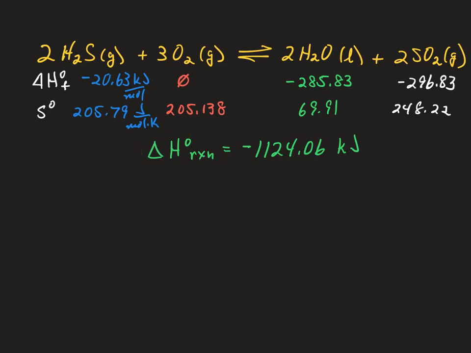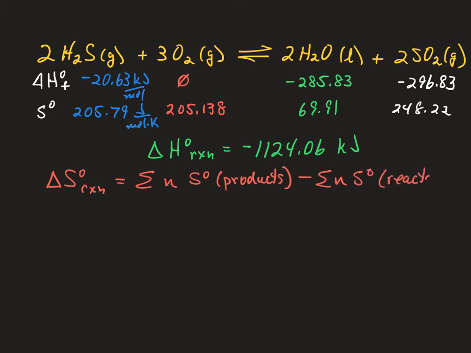So we can find our delta S0 for our reaction in that same way, which is going to equal the sum of n times the S0 for the products minus the sum of n times the S0 for the reactants.